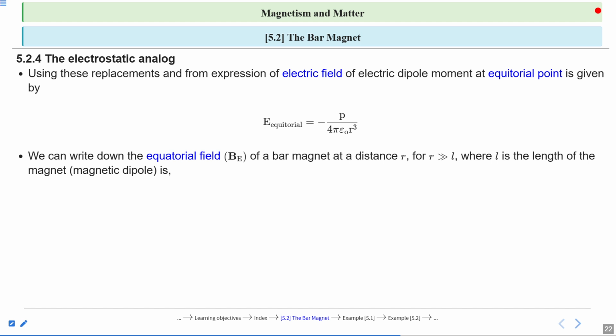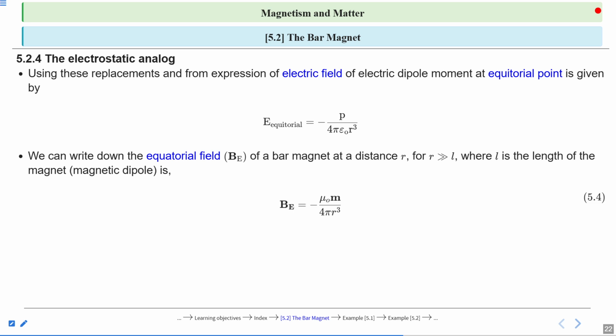So we have to find the magnetic field at a very large distance as compared to the length of the magnet at an equatorial point, or we can say equatorial line. What is the equatorial line? The line perpendicular to the magnetic moment and passing through the center of the bar magnet.